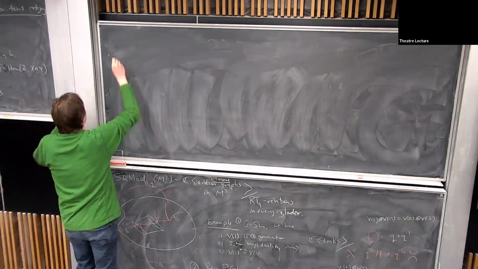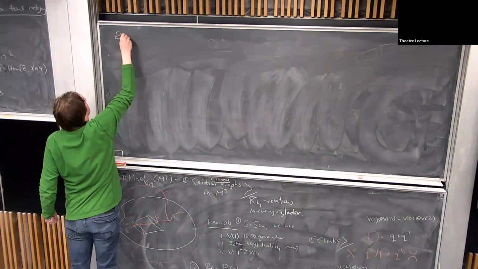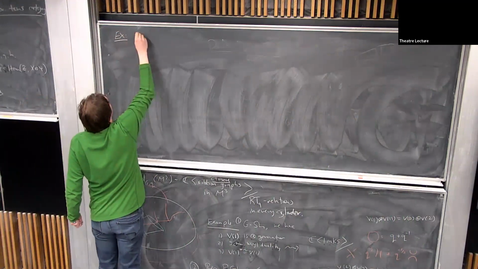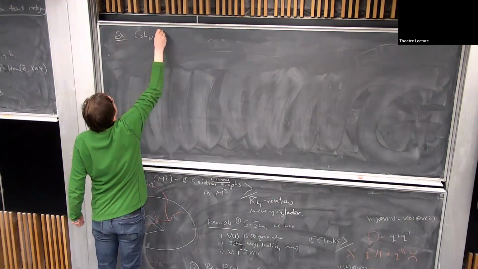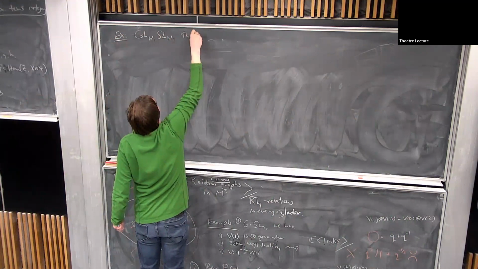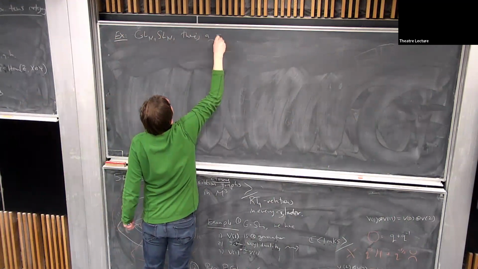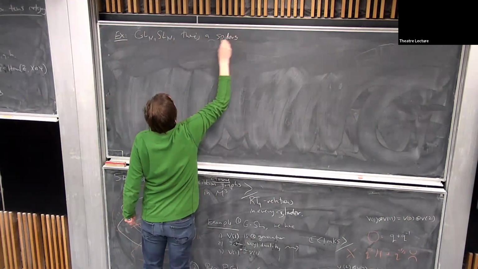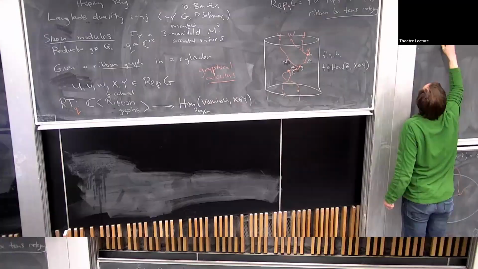Okay, I'll be a bit more sketchy here, but for GLN and SLN, there's a spiders and webs presentation.